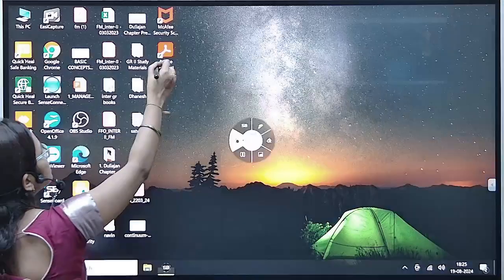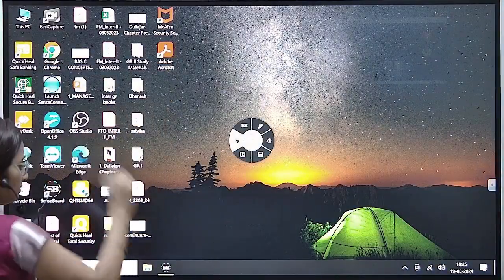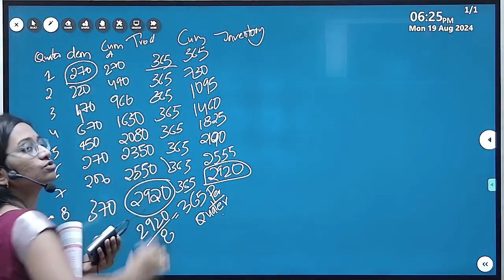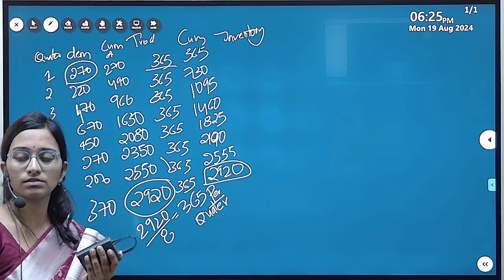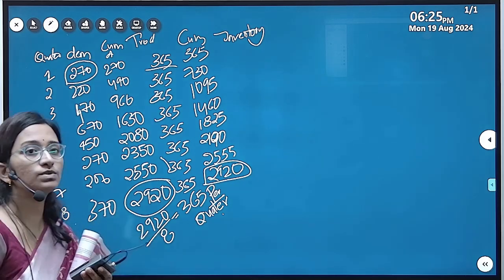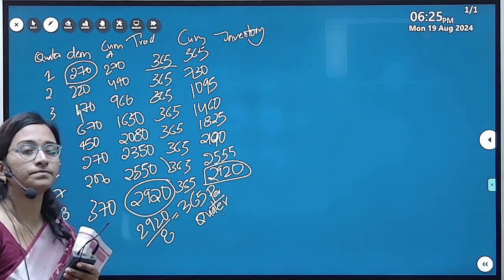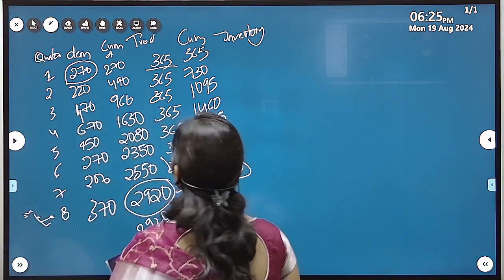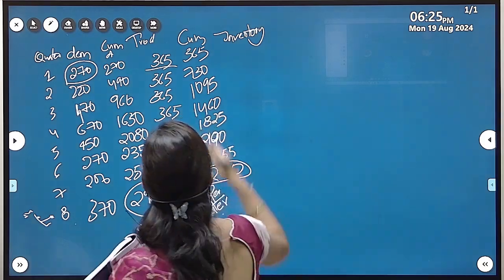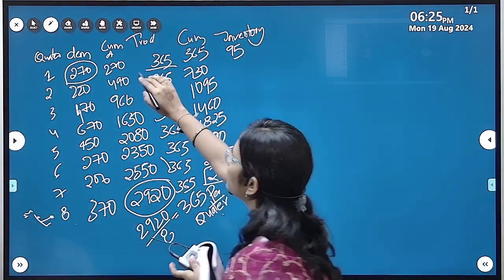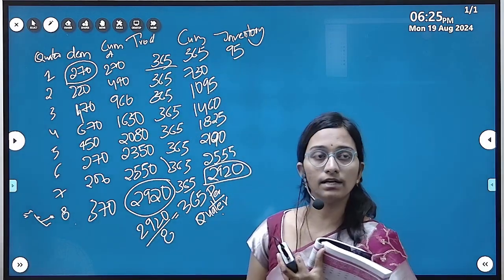So the difference is 365 minus 270. What's the amount? 365 minus 270, online? 95, right? So the 95 is the inventory in quarter 1.